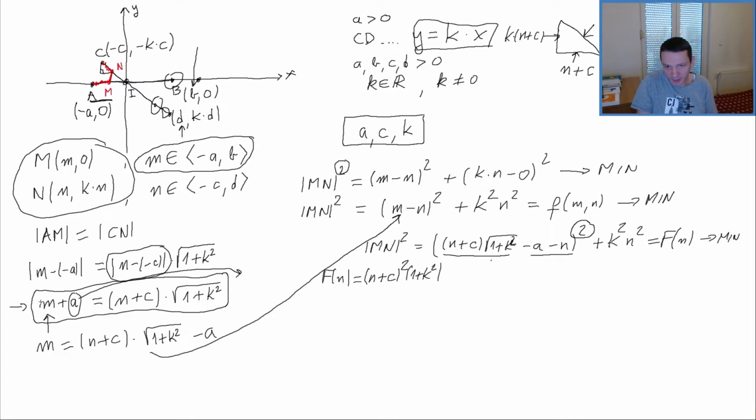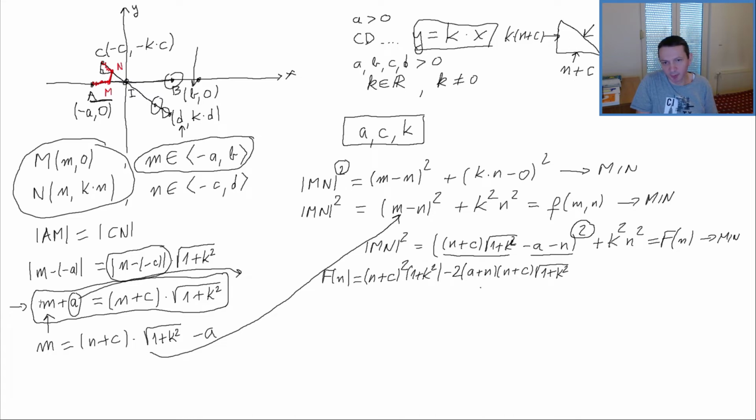Then we will obtain the term minus 2 a plus n plus c square root of 1 plus k squared.